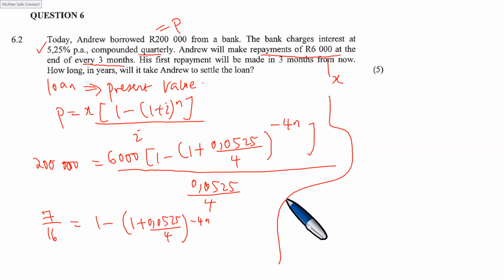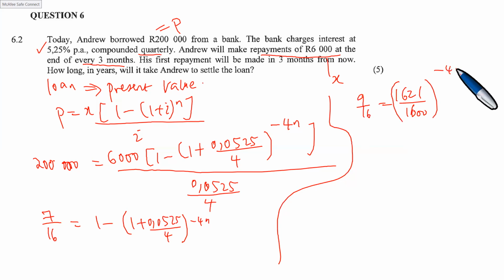So what do we get? So you have 9 out of 16, which equals 16 to 1 divided by 1,000. If you simplify everything within the parentheses, you're able to get 16 to 1 divided by 1,600. And you're able to raise everything to the power minus 4n.